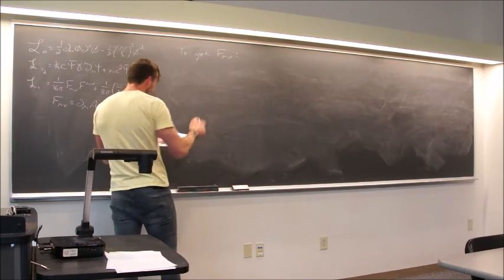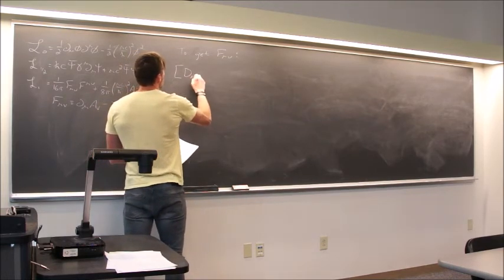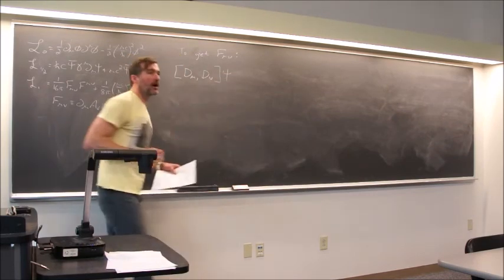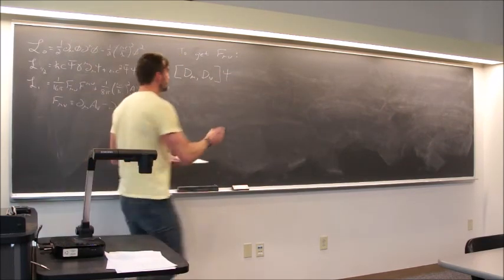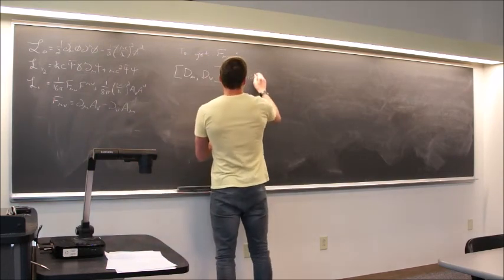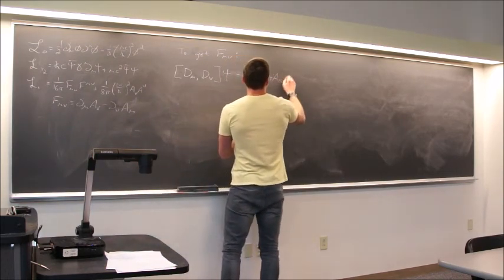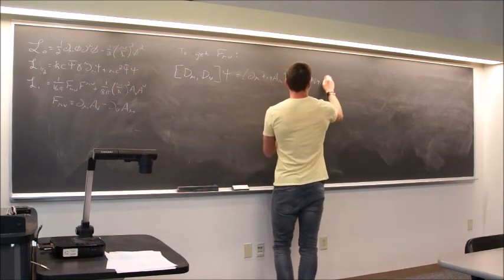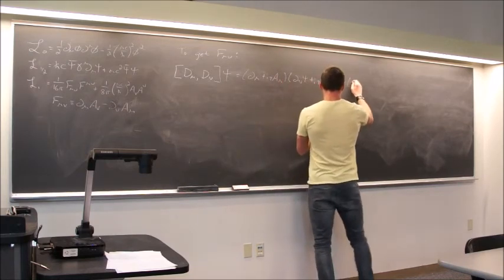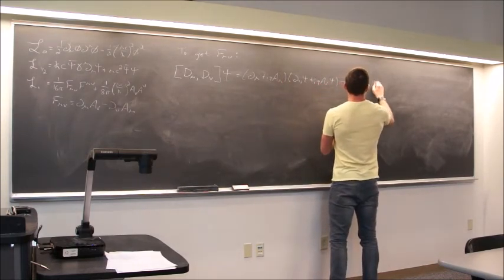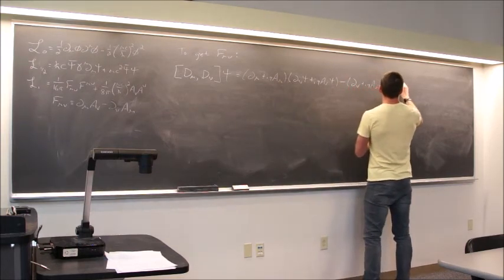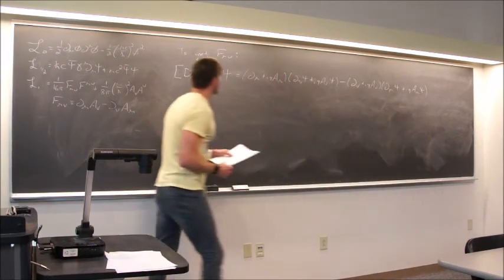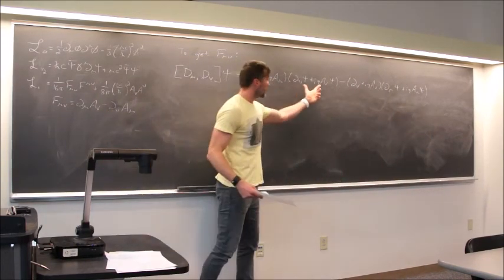What you can do is you can take your covariant derivative and form the commutator and let it act on a field psi. So if we do that, I just write out what the covariant derivative is.